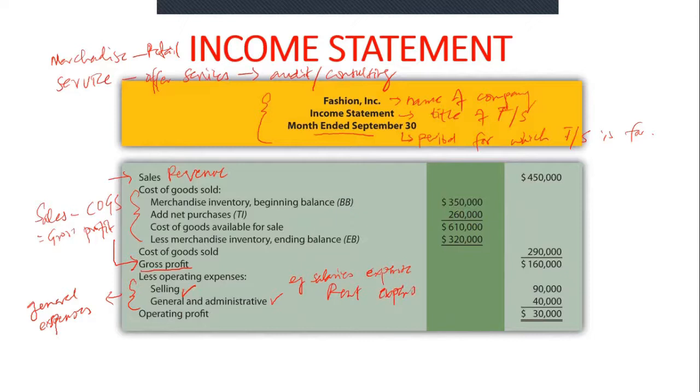So these are all types of expenses. Once you deduct your expenses from gross profit, you get operating profit, another term for net income. So this is your net income. It's also called net profit sometimes.